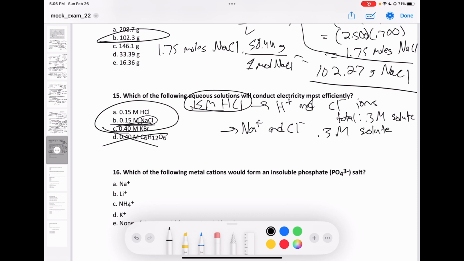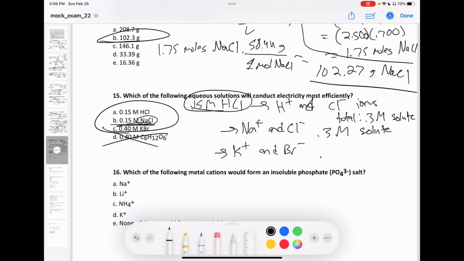And then we look at C, and that will dissociate into K plus and Br minus. And if the molarity of the total compound before it dissociates is 0.4, we know that it'll dissociate into two pieces. So instead of 0.4 moles per liter of that, it'll have twice that because it'll dissociate into two pieces.